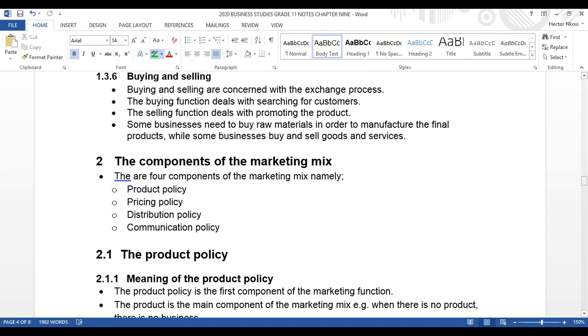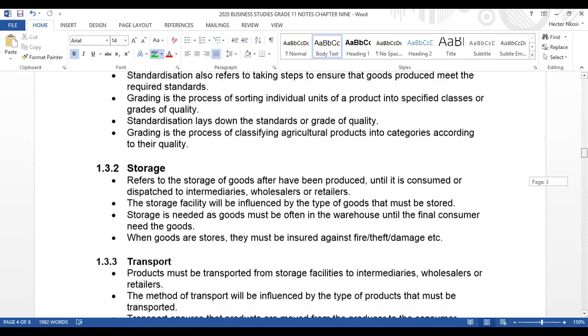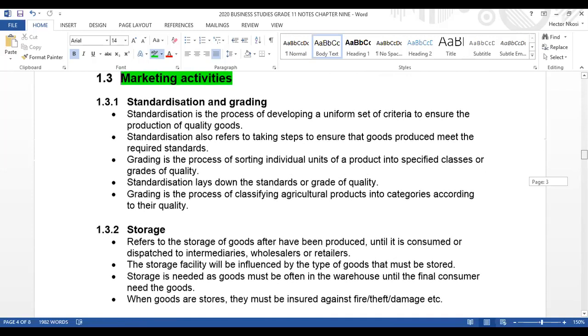That's where your product policy comes in. We have dealt with pricing policy and distribution policy. We're still going to look at communication policy later next week. But today I'm just going to explain marketing to you. Then we'll do the marketing mix.